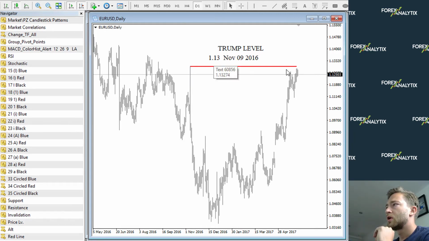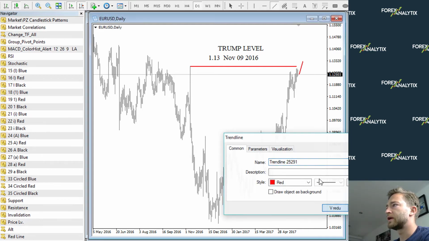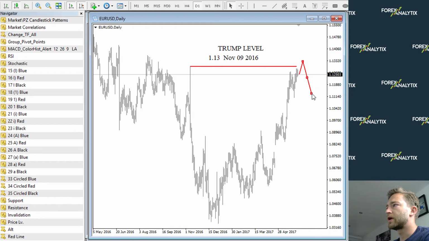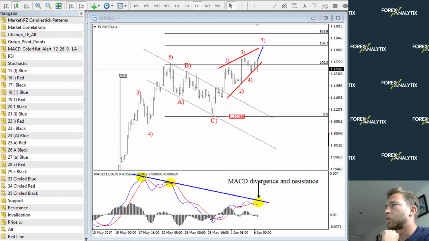I'm quite sure that there are a lot of important orders, possibly stop orders, above that level. So I would not be surprised if we see just a spike higher and then a turn to the downside. This comes in line very well with our euro dollar wave count.